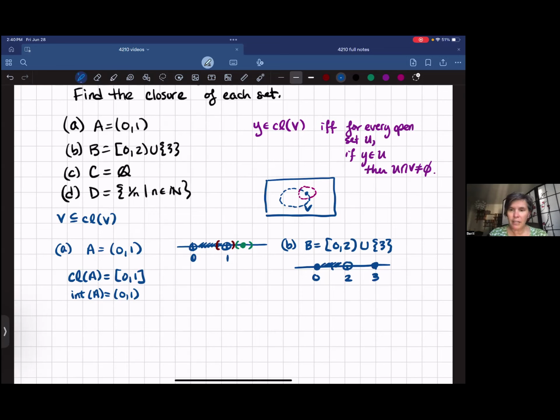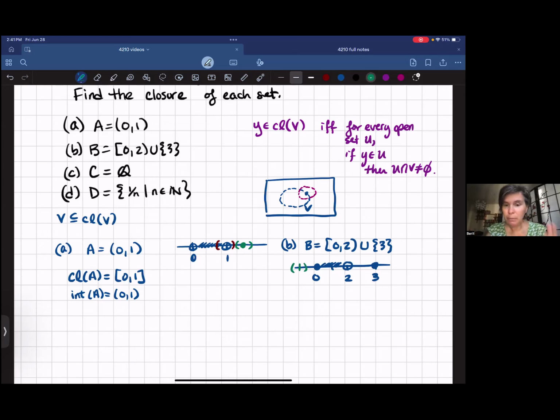So we really just have to think about the points that aren't in B, which one of them might be in the closure. So to be in the closure, we can use this criteria: if you look at small open intervals around the point, do those open intervals have to touch B? So for example, if I take a point down here below 0, can I draw an open interval around that point that doesn't touch B? I think I can. Look, there, I did it. Okay.